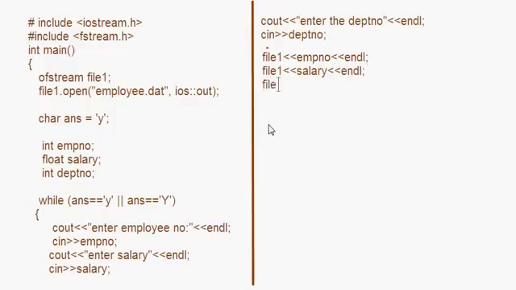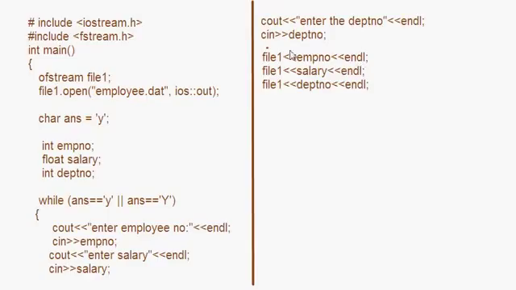File1 and then you write department number, endl. So all these three variables are now taken into the file employee.dat. When I put endl, it comes to the next line.